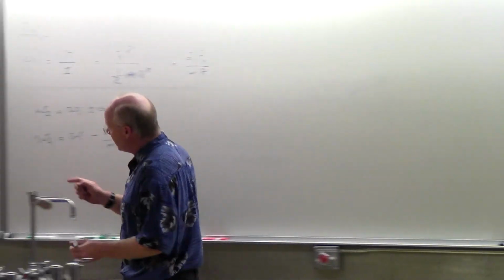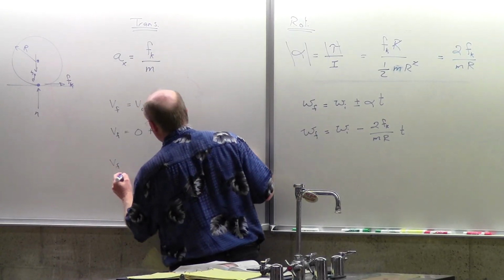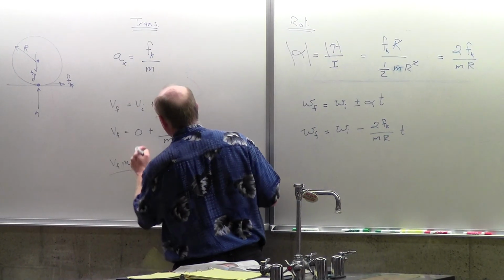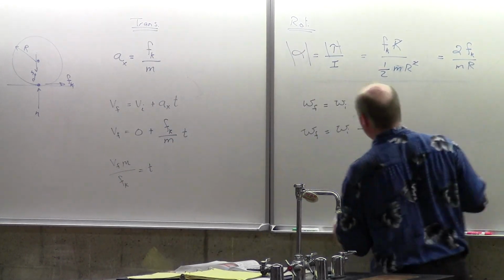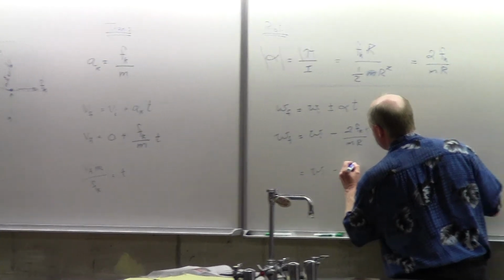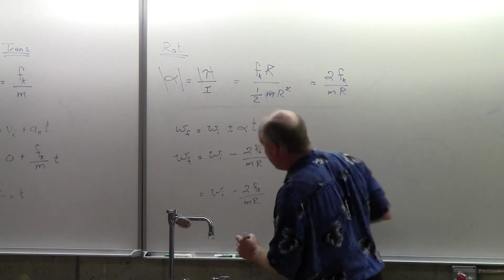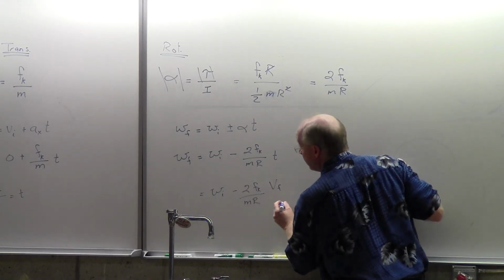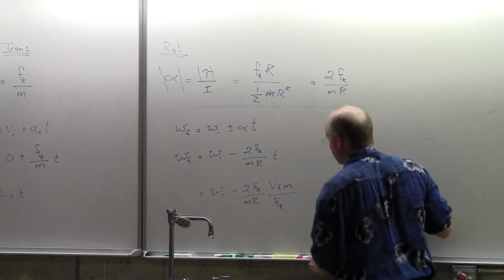So if I solve this for time and put it into here, let's see what I get. I get final speed times m over force of friction is equal to time. If I put that into here, I get initial speed minus 2 force of friction m over r. Time would then be final speed multiplied by m over force of friction.